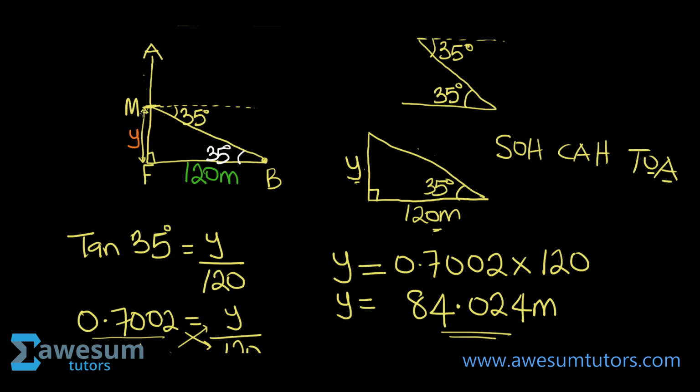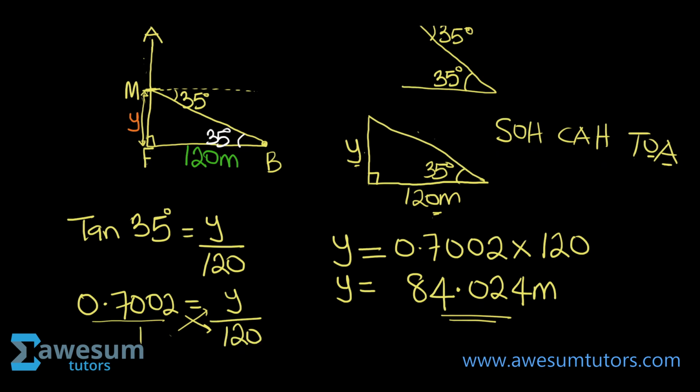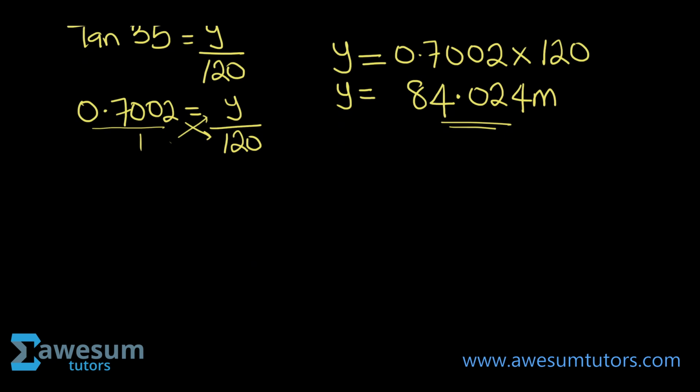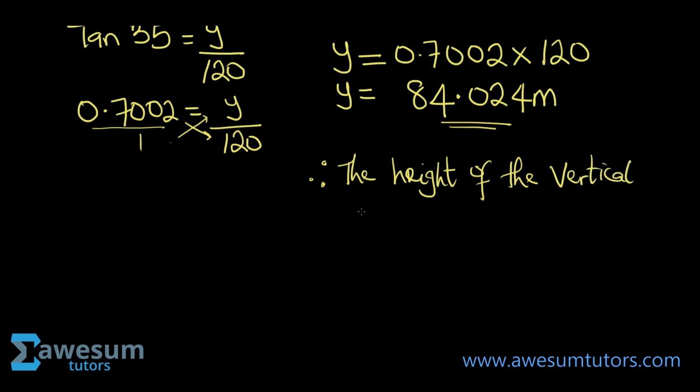You already got half the height of the cliff. Now you want to get the full height, A to F, of the cliff. All you have to do is to multiply the y by 2. So now I can say, therefore, the height of the vertical cliff would be 2 times y.